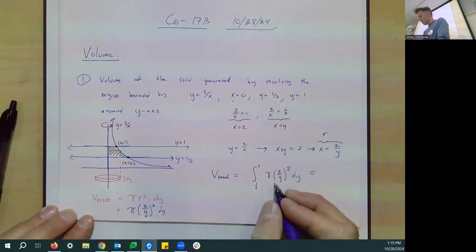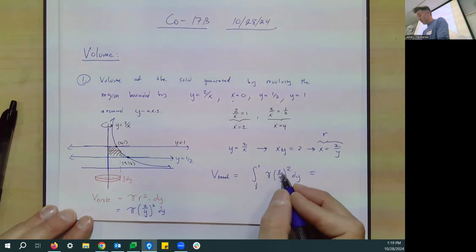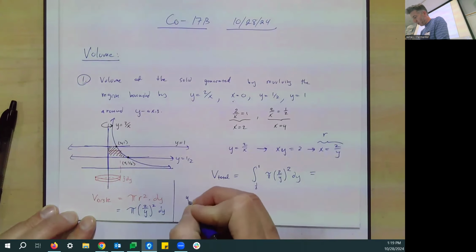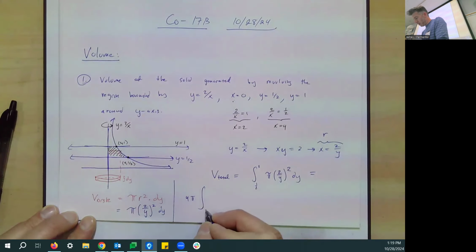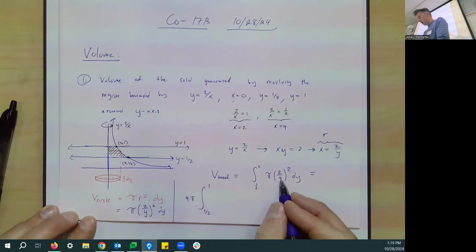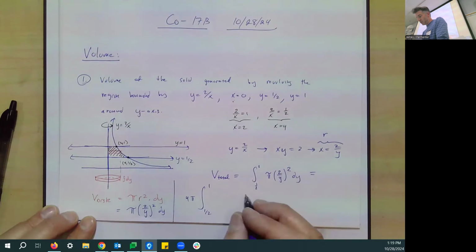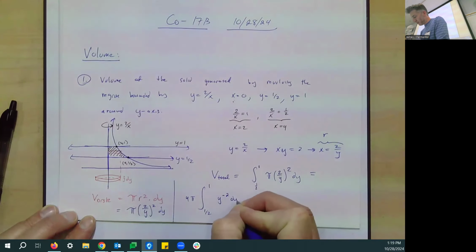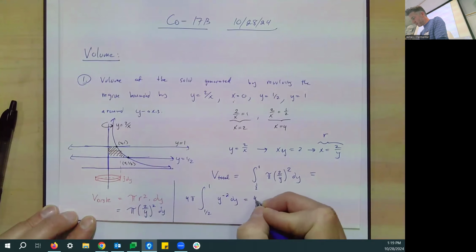But in this case, we can say that we're going to bring out the pi and the 4, because 2 squared is 4, and get 4 pi times the integral from 1/2 to 1 of y to the negative second, or I should say 1 over y squared, which is the same as y to the negative second. We integrate.